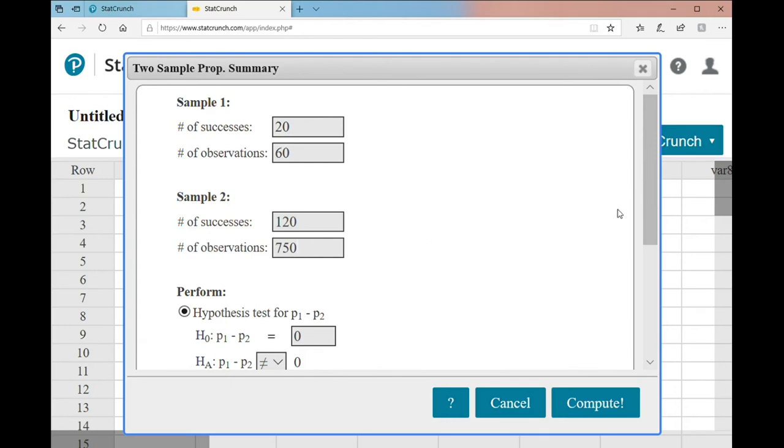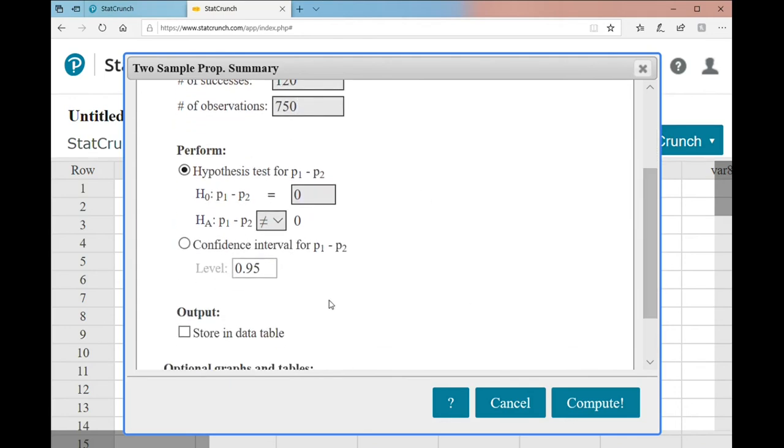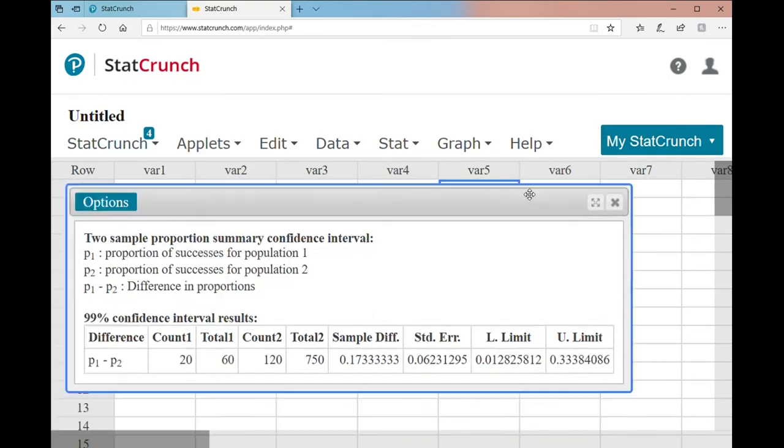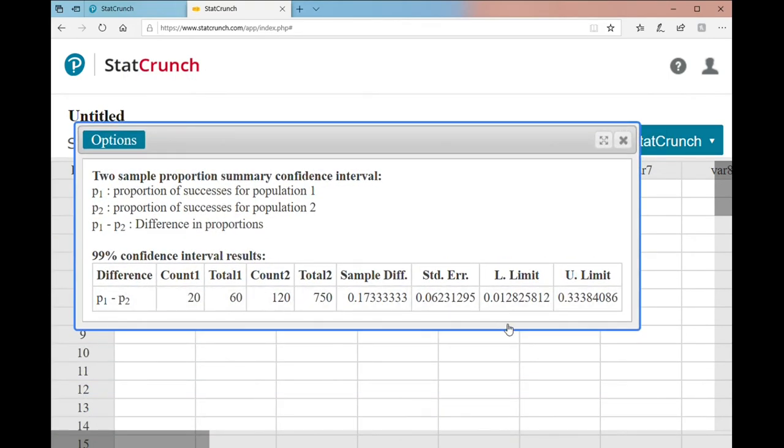We want to click the confidence interval option, and we'll change this to 99% or 0.99. Press compute, and here is our lower limit 0.013 and our upper limit 0.334.